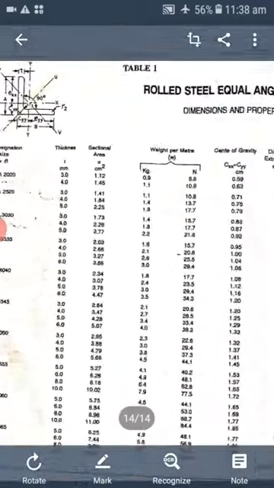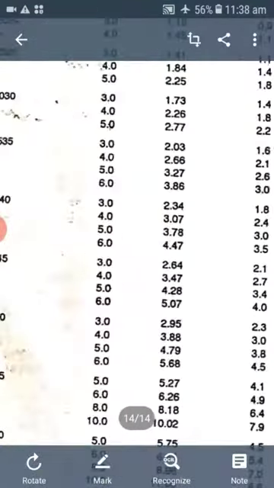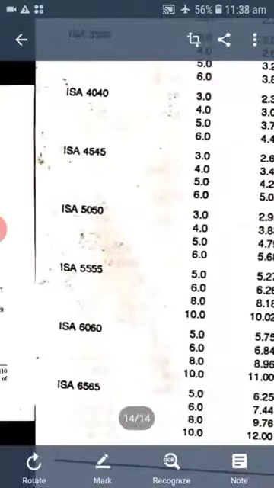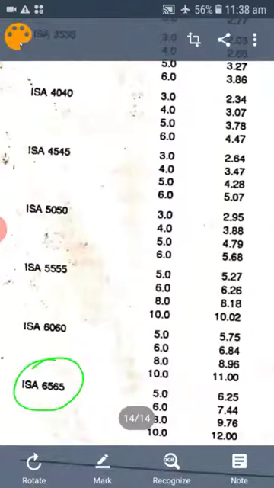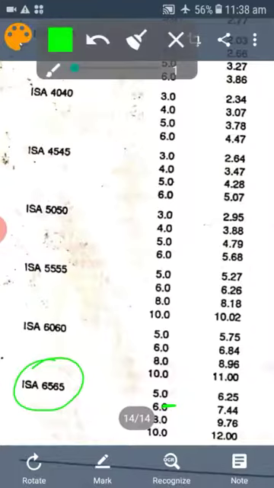In this problem, we have a section 65 by 65 by 6 mm, this one. For this we need to take the properties here.